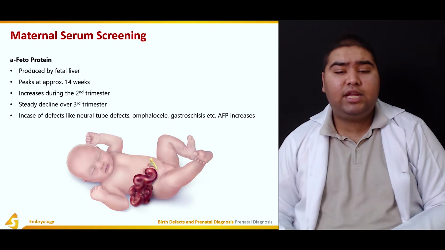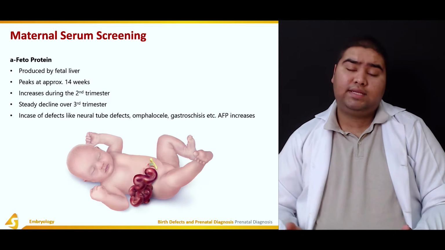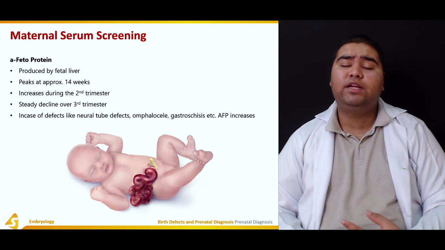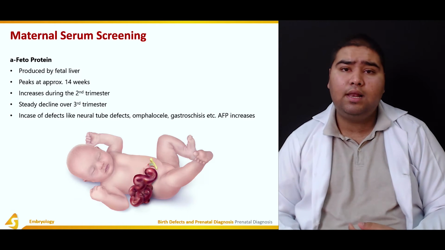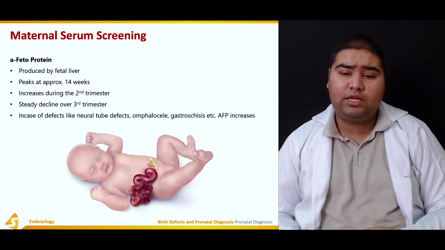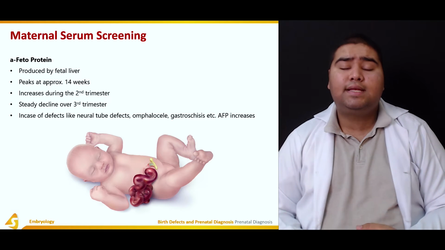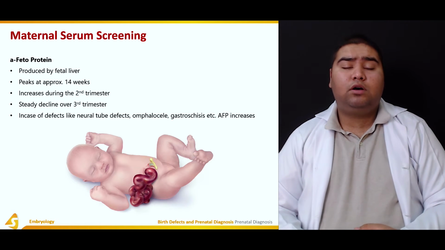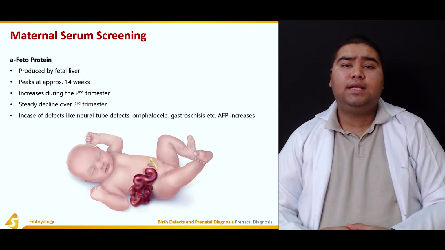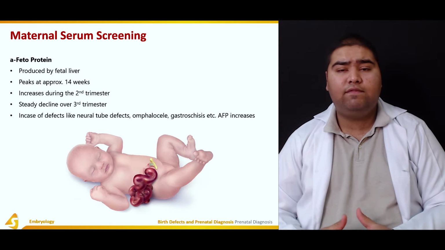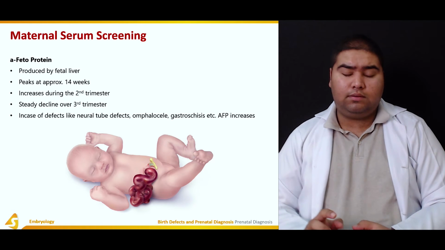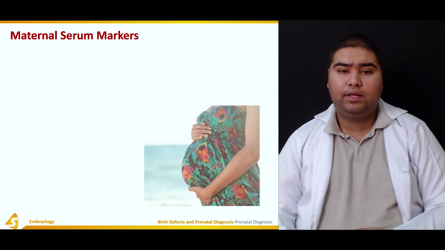In defects like neural tube defects, for example anencephaly, omphalocele, which I have already told you is a ventral body wall defect, usually to the right, in which the physiologically herniated intestinal coils do not return back into the abdomen, and gastroschisis, an abnormality of the ventral abdominal wall in which abdominal contents herniate out through an opening, alpha fetoprotein usually increases.